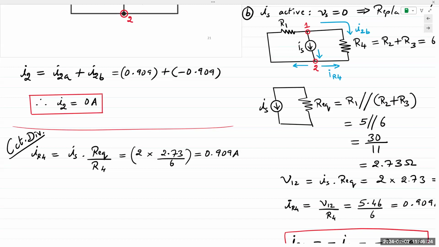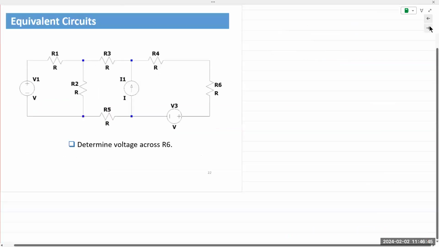All right, so this is the end of all the analysis techniques that we learned for this class for resistive circuit analysis, capacitors and inductors come later. So in chapter 2, we do not learn any more analysis techniques. What we do learn is the concept of equivalent circuits, just Thevenin and Norton equivalent circuits.